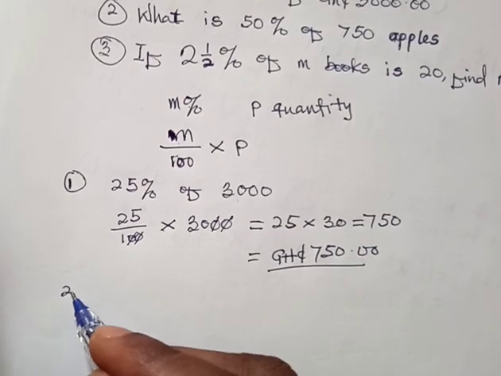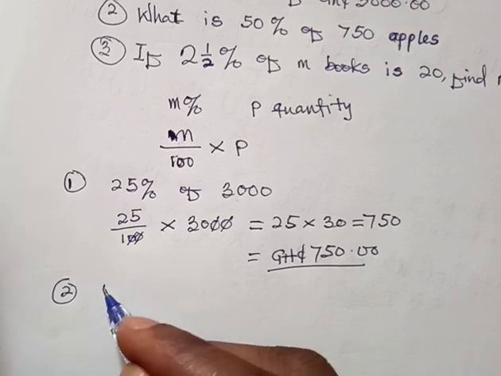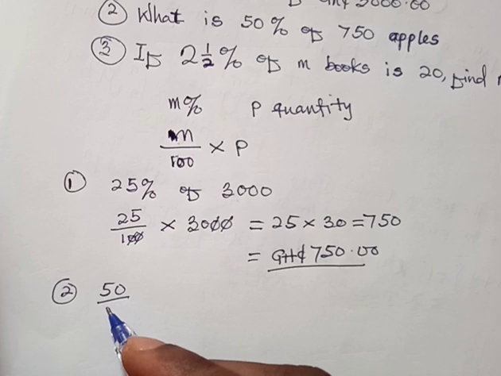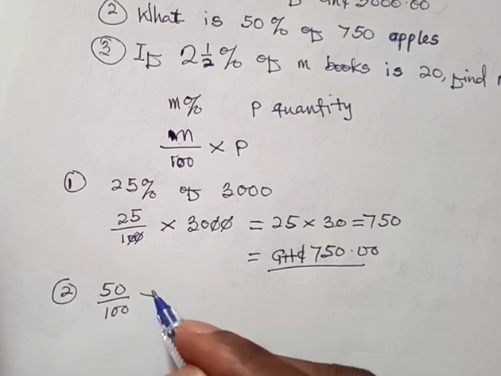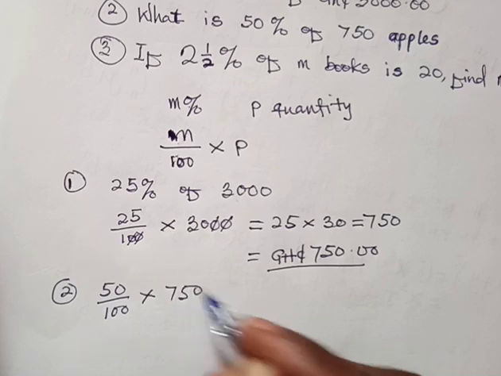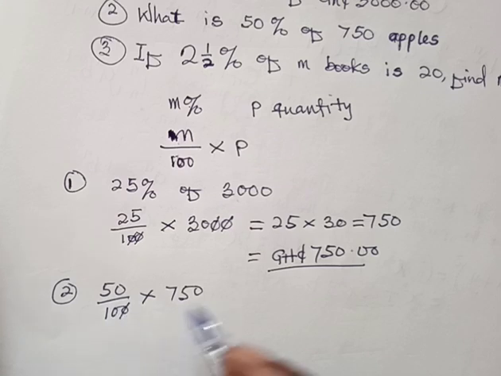In example 2, we are asked, what is 50% of 750 apples? The same here. Just find the fraction of 50. So we have 50 divided by 100 times 750. Since we have zeros here, you can cross this here.